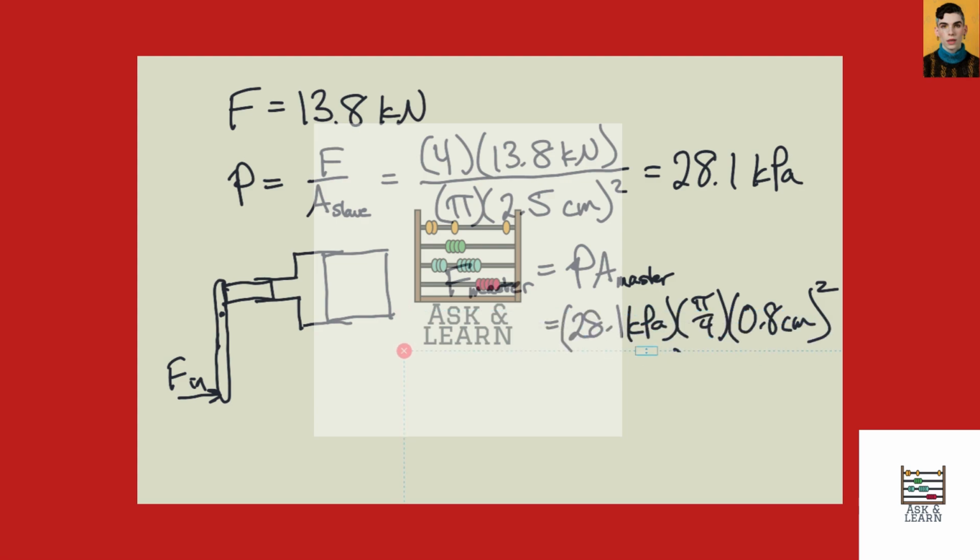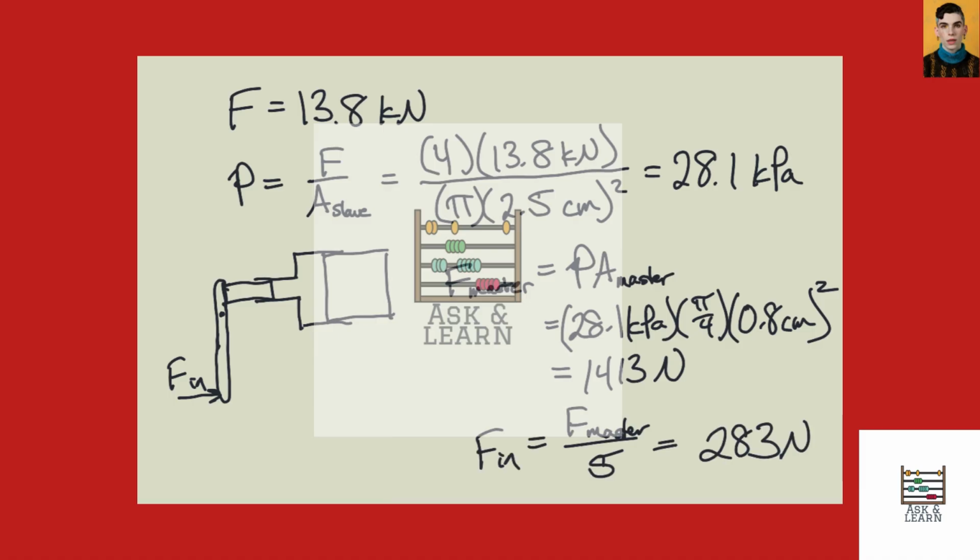We're given that the diameter of the master cylinder is 0.8 centimeters, and so we plug all that in, and we get that the force acting on the master cylinder is 1,413 newtons. And so then if we have a mechanical advantage of 5, the force acting at the other end of the lever arm is 1/5 of that, and that is 283 newtons. And in fact, this arrow should be drawn the other way.